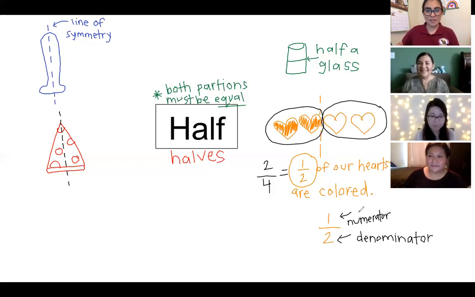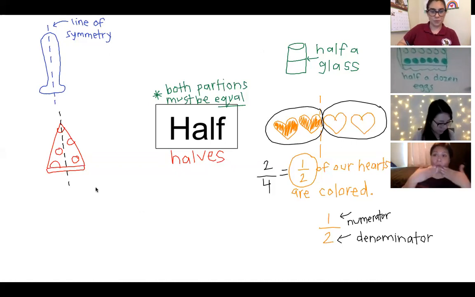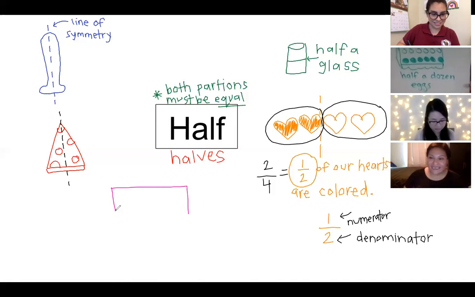All right, so are there any other ways that we can show half or halves of something? Ms. Hernandez, please share your ideas with us. So now I'm thinking of a set like you were mentioning. And so I was thinking of the collection of eggs that we were talking about not too long ago. So in this case, we know that a dozen is 12 eggs.